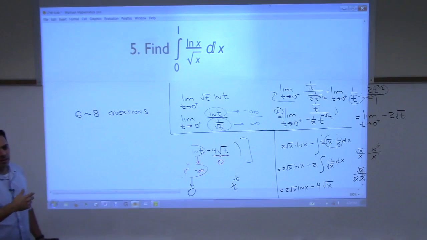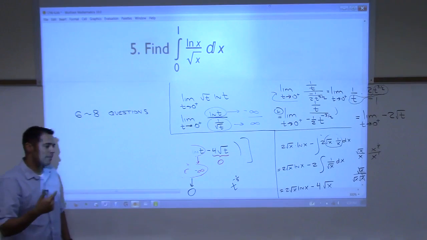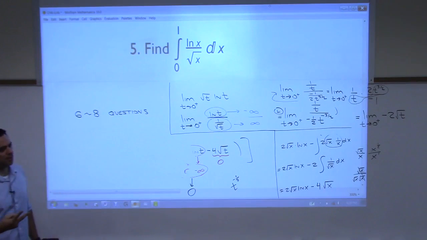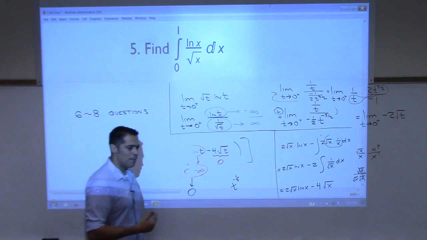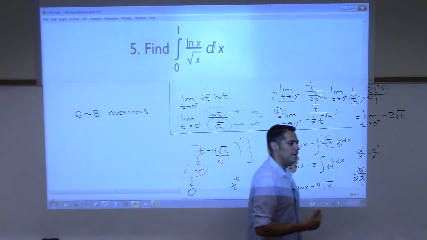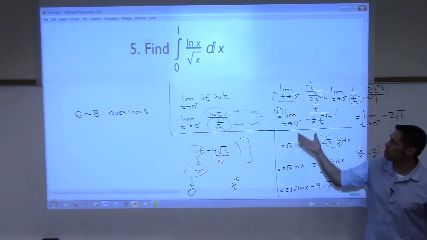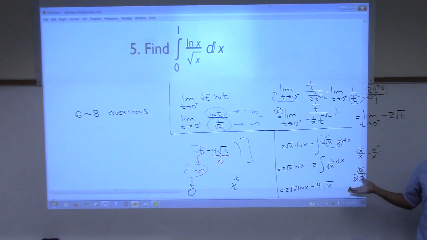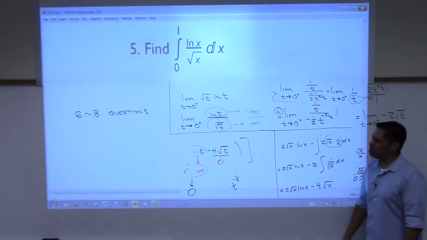So I can give you one trig integral problem that would knock out those 2 topics, right? There's partial fractions. There's improper integrals. And then anything else, right? Like integration by parts. This problem right here had integration by parts in it, right? Yeah. So 6 to 8 questions.